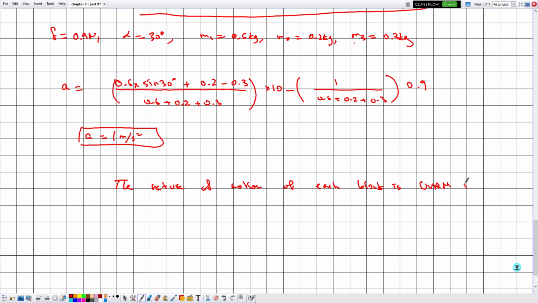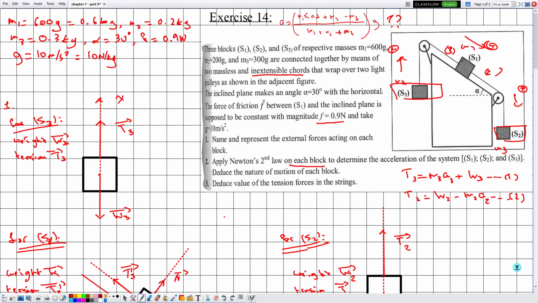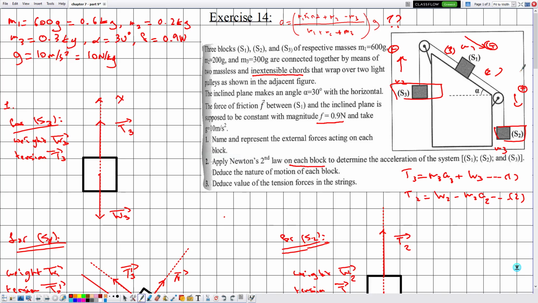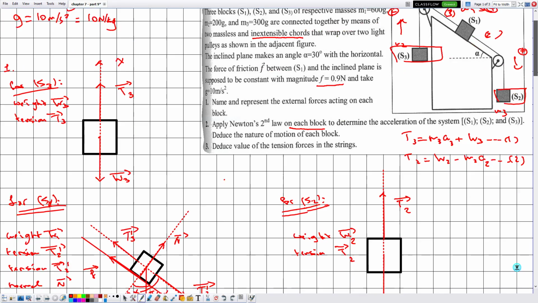Because the trajectory is linear, it is a straight line, and the acceleration is constant. Why is the trajectory a straight line? Because this is moving up a straight line with an inclination, and this is moving down in a straight line.